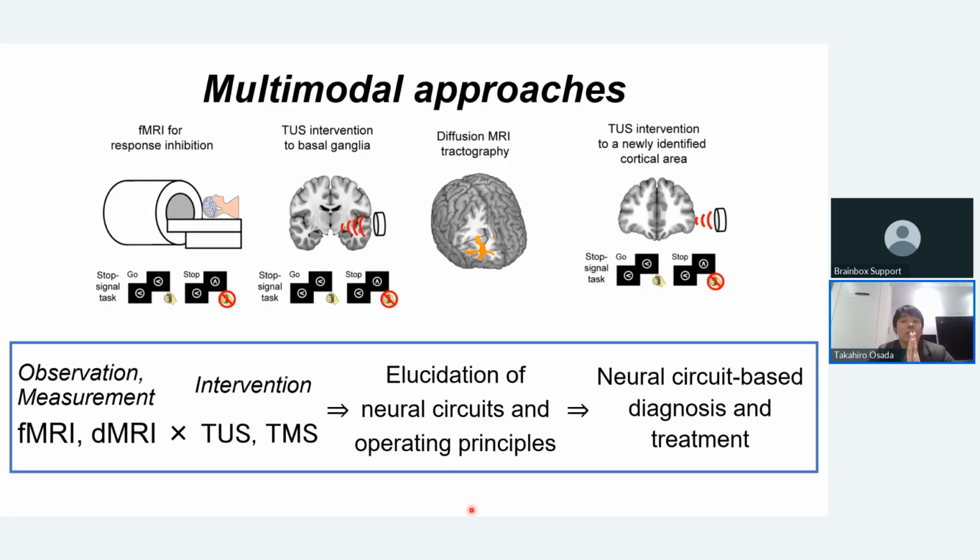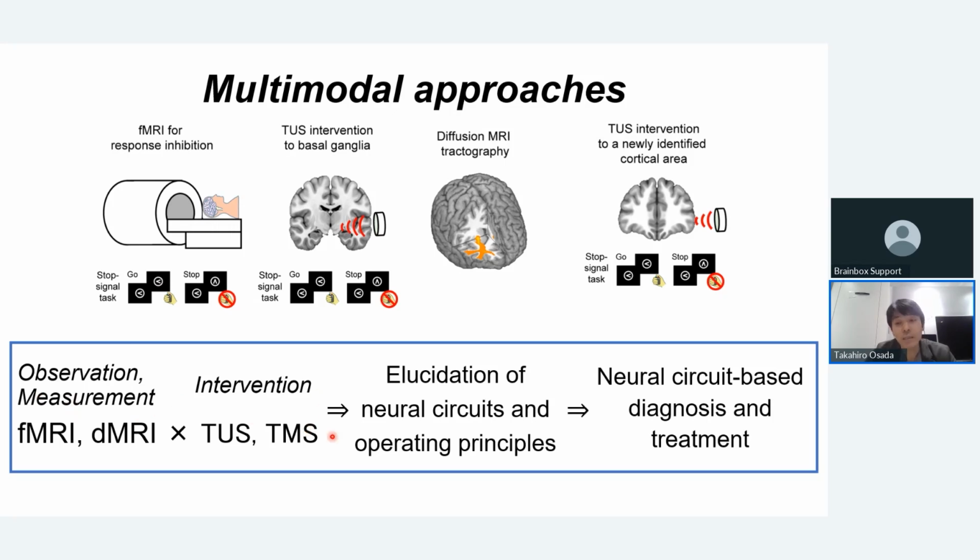So in this talk, I presented the conventional approaches of MRI and TUS. MRI serves as an imaging technique for observation and measurement. On the other hand, TUS functions as an intervention technique.